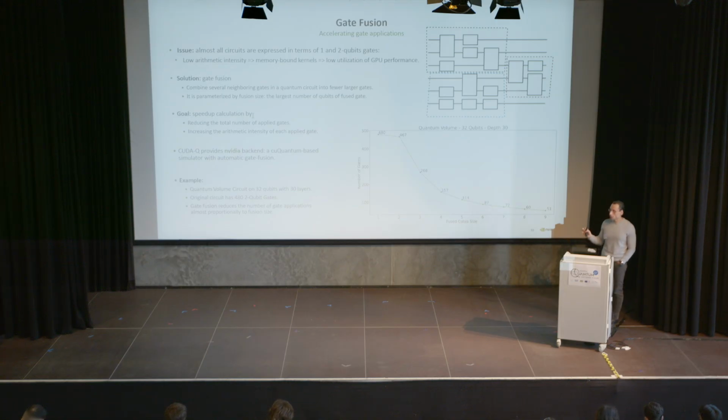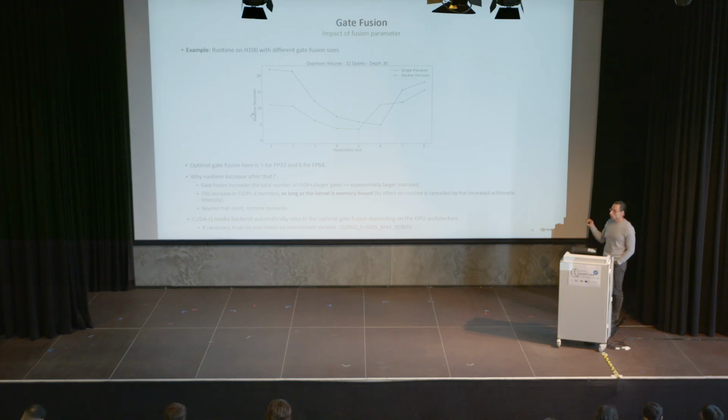Well, not so fast. Let's look at the run times. Here, I ran this circuit on an H100 GPU. And I did that in single precision, plotted the result in green, and double precision, and plotted that in red. Initially, as expected, we see that the runtime goes down as we increase gate fusion, but only up to a certain point, 5 for single precision and 6 for double precision.